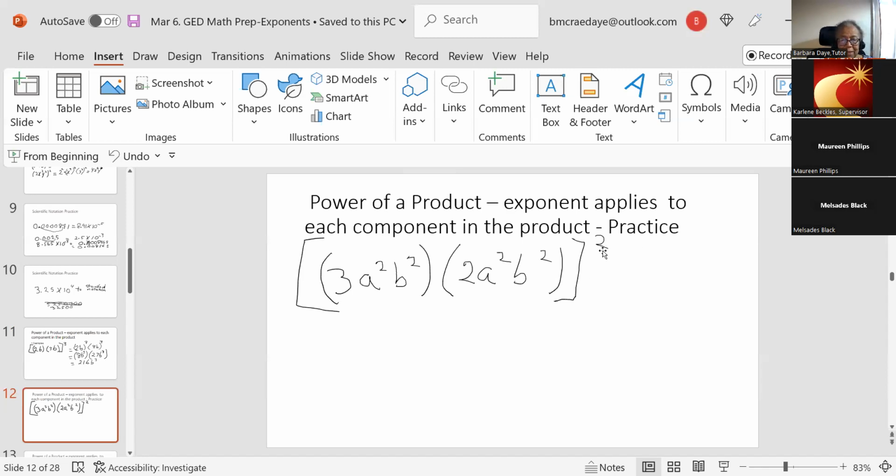So you're going to apply that exponent to both components within the brackets. Let me just write that out.